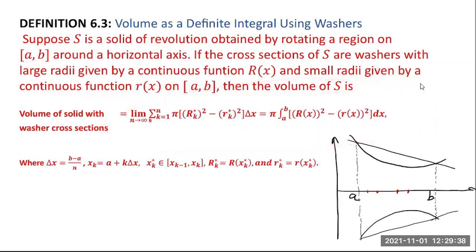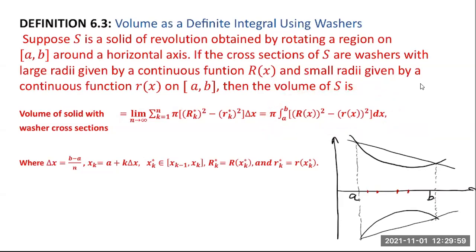It's the summation, k goes from 1 to n, of this quantity, and at the end of the day, you take the limit as n goes to infinity. You can imagine why we are taking the limit. We need the exact answer. That is equal to this particular definite integral.